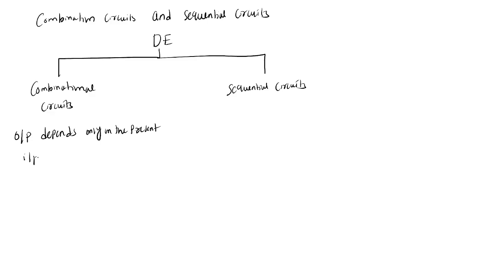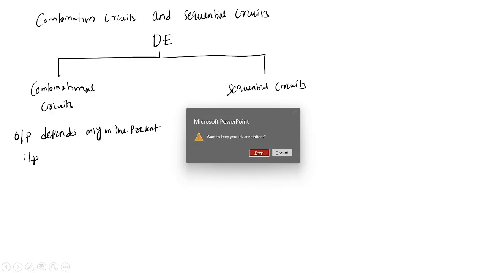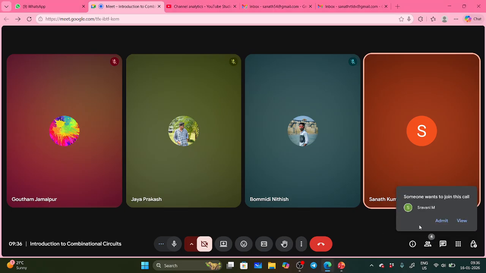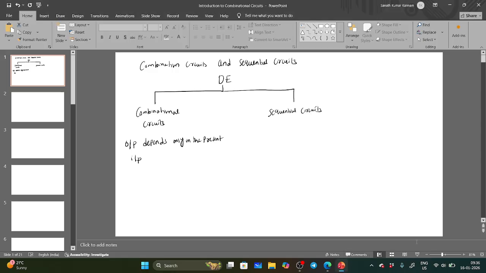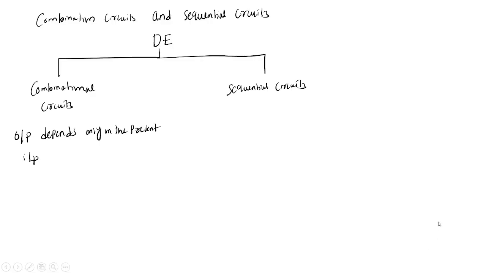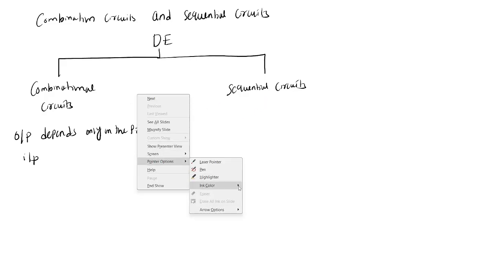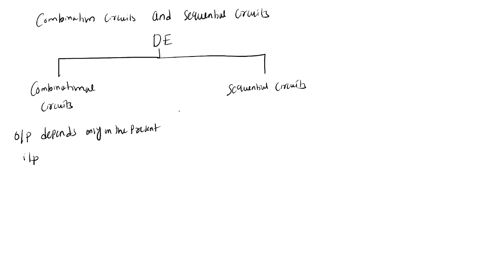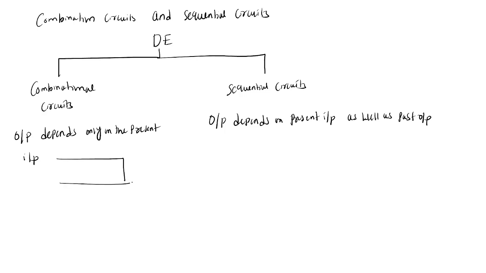And a sequential circuit is nothing but a circuit whose output depends on the present input as well as past outputs.